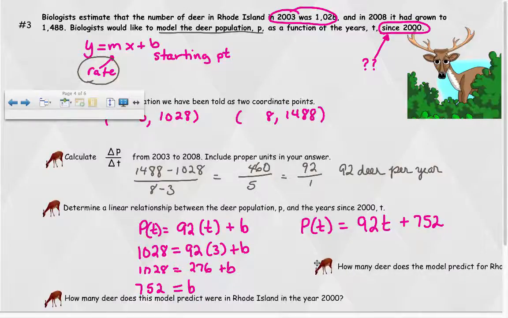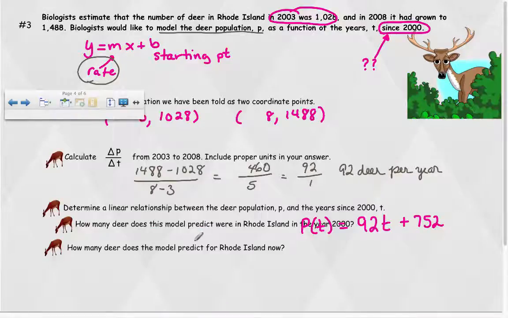All right, so I'm going to clean this page up a little bit. And well, this is the year 2015. So the population of the deer is 92 deer per year, and it's been, well, listen to me, I said 2015. Right now it's 2014. I keep thinking it's 2015. I'm putting us up a year. So I'm going to put 14 into there plus 752.